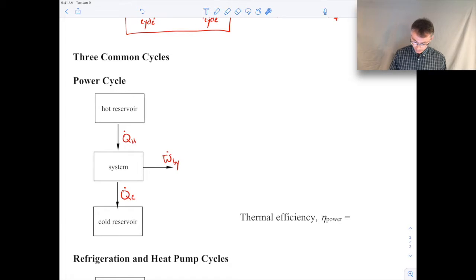Okay, so this is a very general picture. All of the details of how this process works really are contained within the system part, but we'll save that detail for future lectures. At this point, let's just do a first law analysis on the system. So what we're going to do is draw a little control volume around the system, and then we'll do a first law analysis of that.